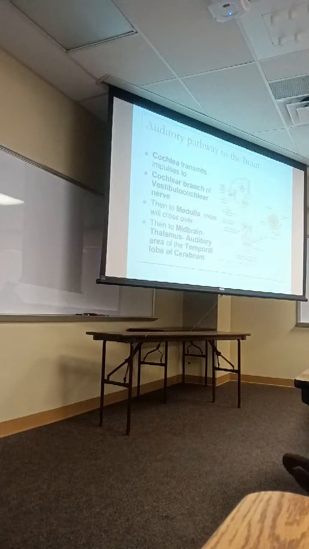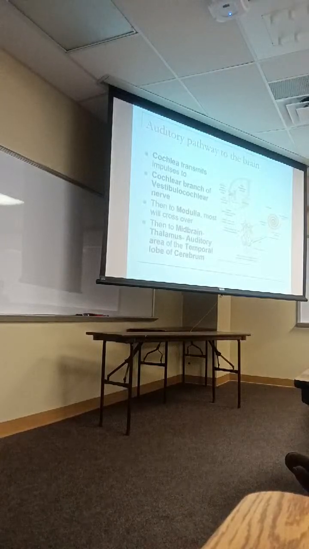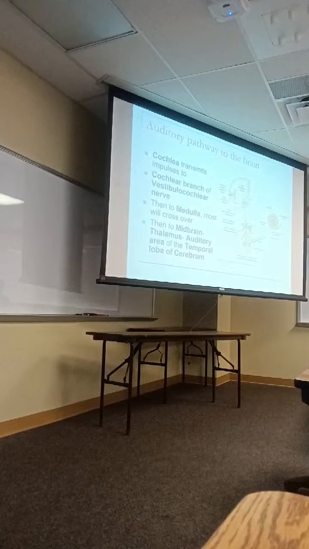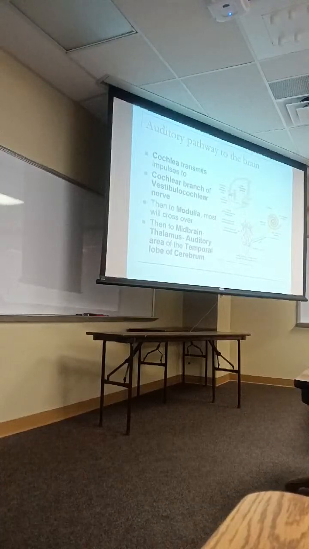So from the cochlea, we're going to travel down the cochlear branch, hence the name, cochlear branch of the vestibulocochlear nerve, cranial nerve 8. And again, that nerve comes in at the junction between the medulla and the pons, which we learned back in A&P1. So as it passes through the medulla, it's going to travel up through the midbrain, so the cerebral peduncle.